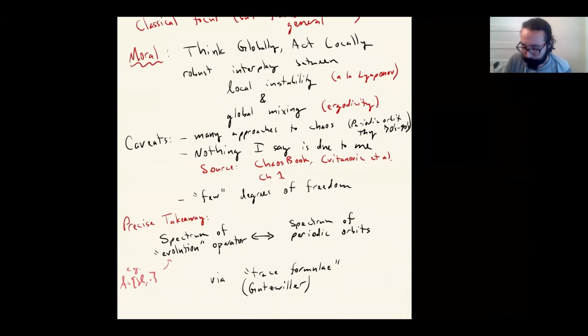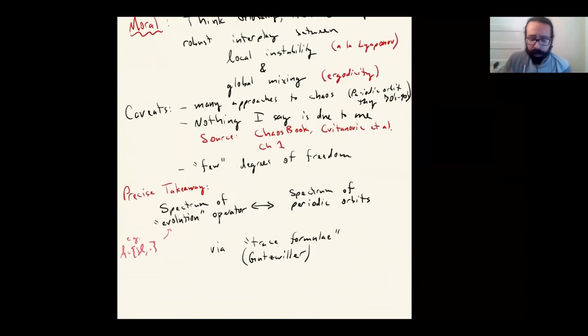Another comment here just about evaluation. I don't necessarily mean this is only relevant for time evolution. This is also useful for, say, computing expectation values of things you might care about. These trace formulae are surprisingly powerful.